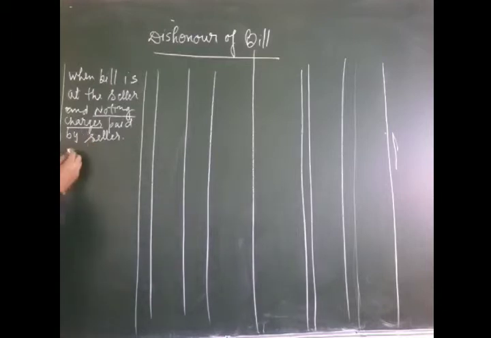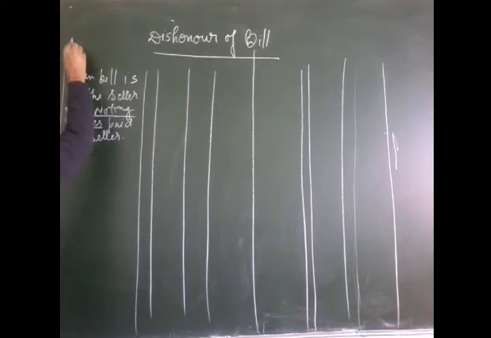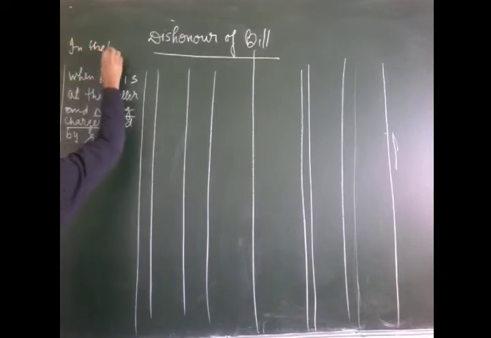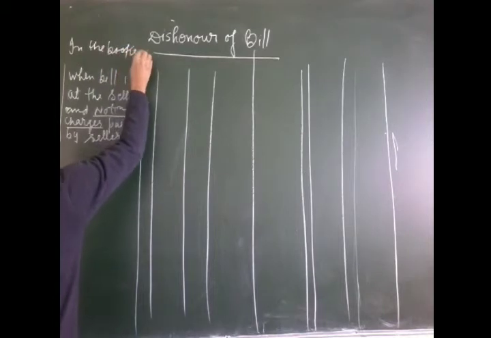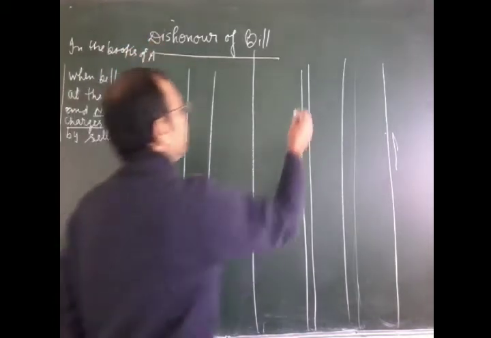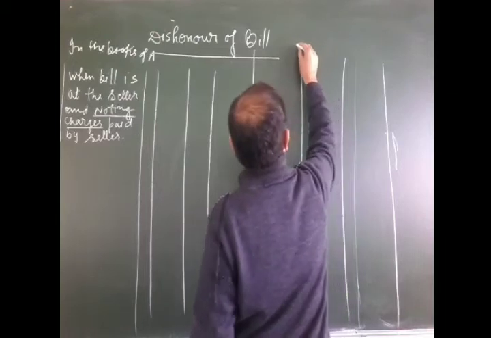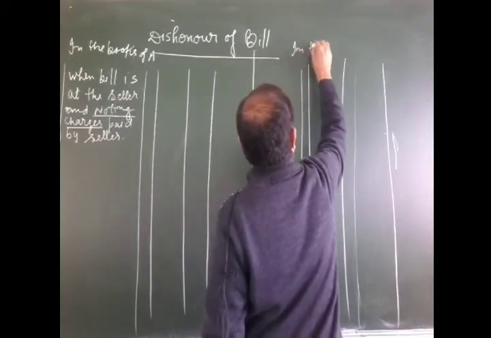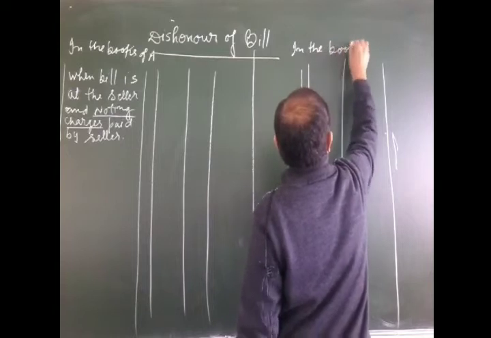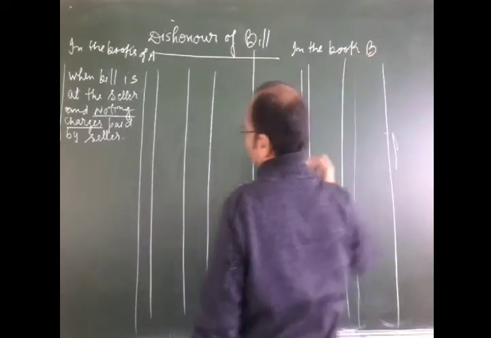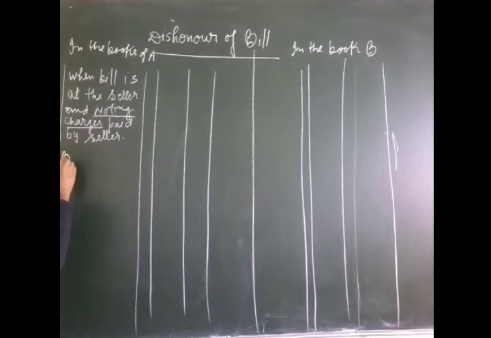Okay. The entry would be, suppose the name of the seller is A and the name of the purchaser is B. We will write here B debit, means purchaser debit, to BR and to cash.